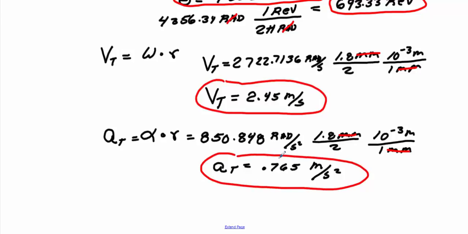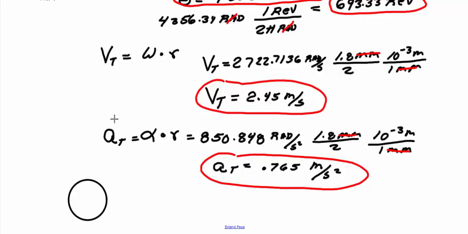Now again, if there's any confusion about what I mean when I say tangential, if I draw just a circle, let me draw a better circle than that. The tangential velocity and acceleration means it's going to be not along the radius but perpendicular to it.